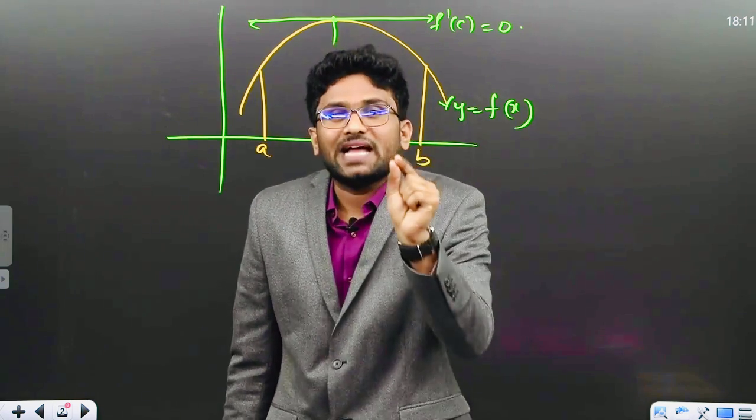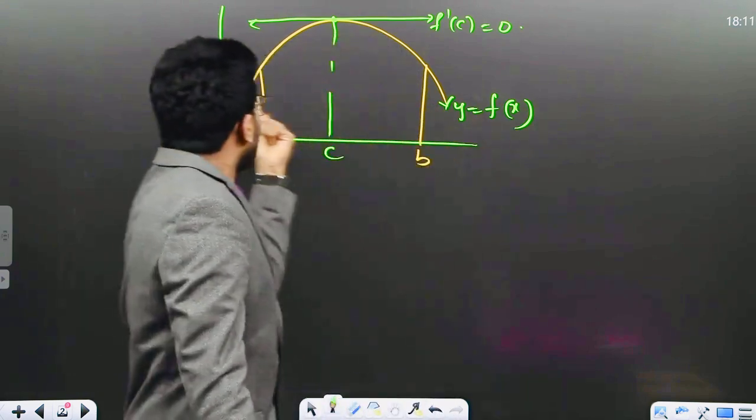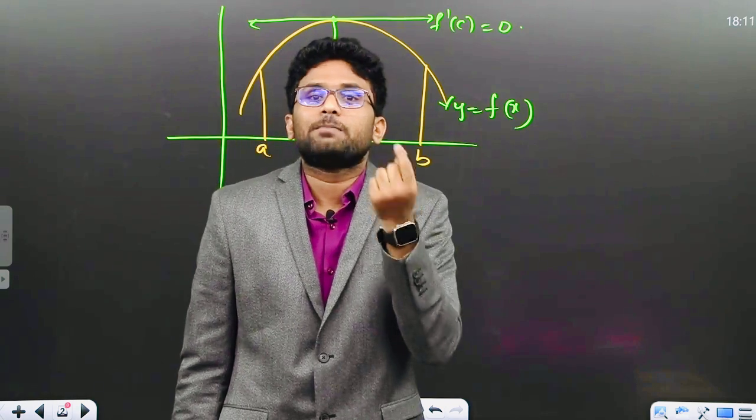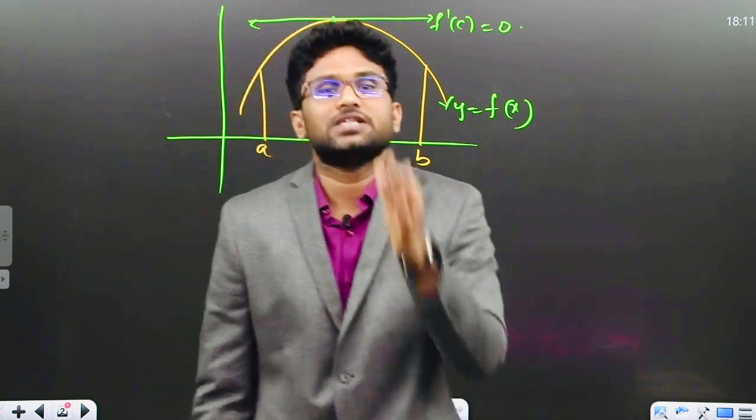That means there exists at least one tangent in between a to b, such that that tangent is going to be parallel to x-axis. The slope of the tangent is going to be 0.